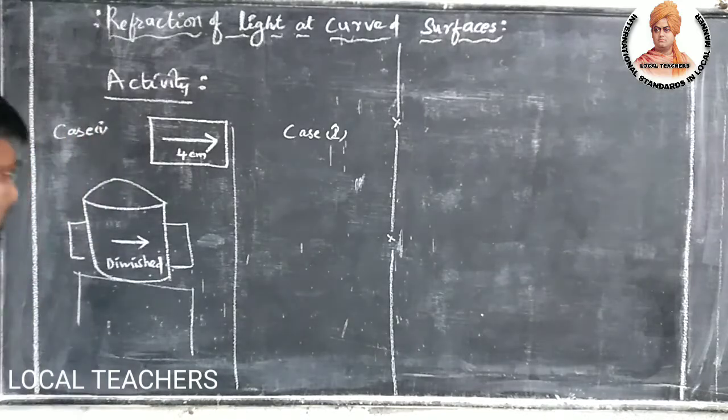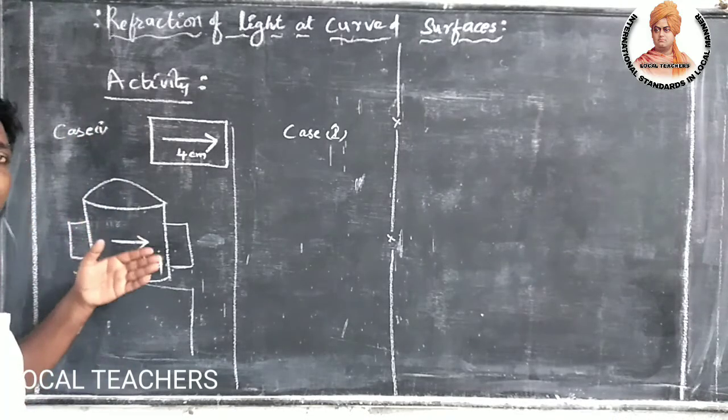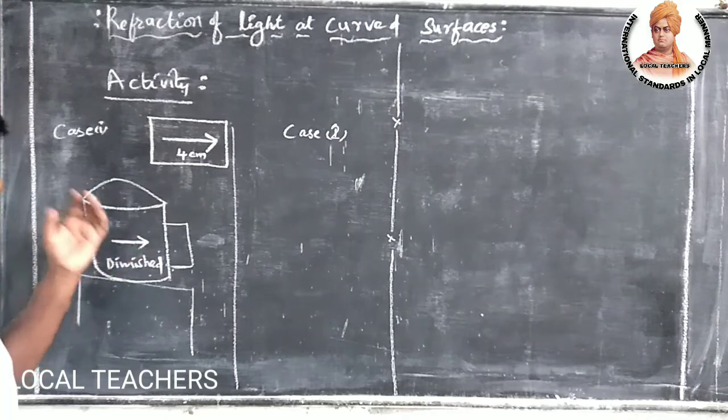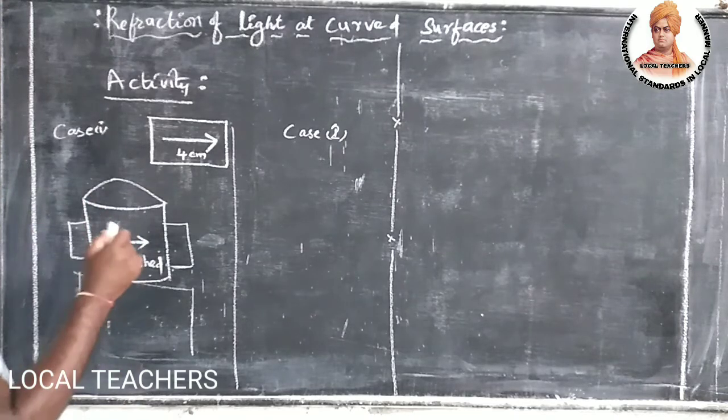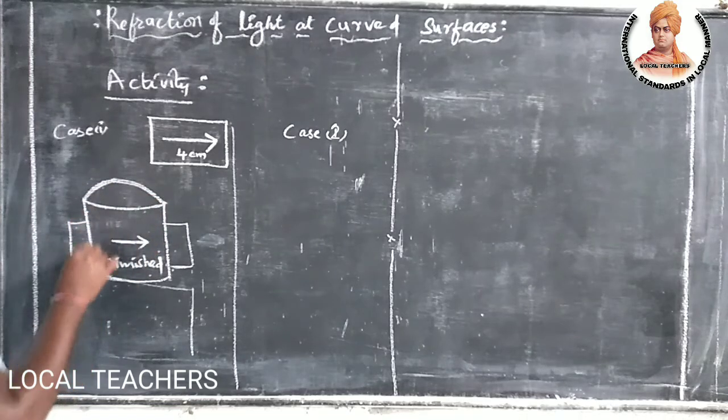So why are we getting this diminished image? The reason is that when we placed the paper at the back of the transparent glass vessel, the rays which are coming from the arrow are refracted first at this curved surface.